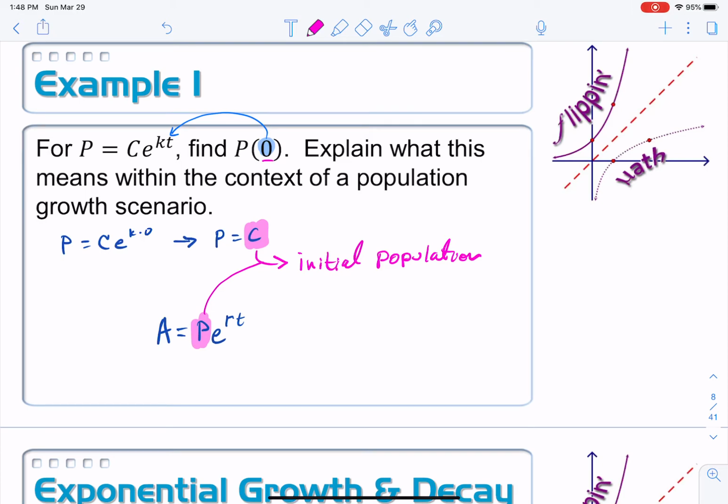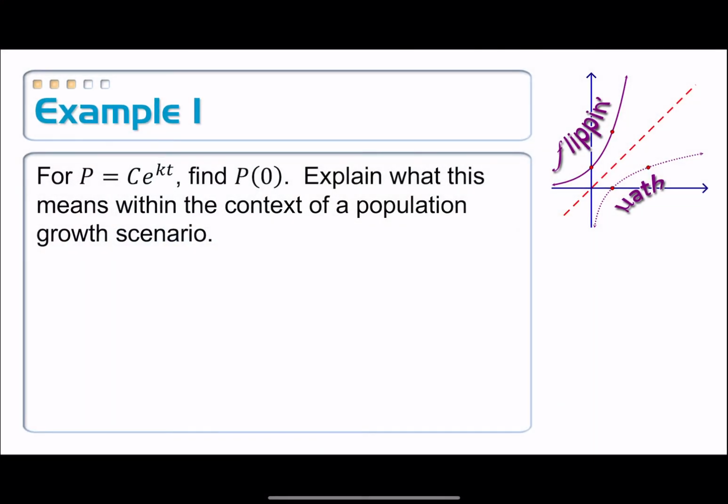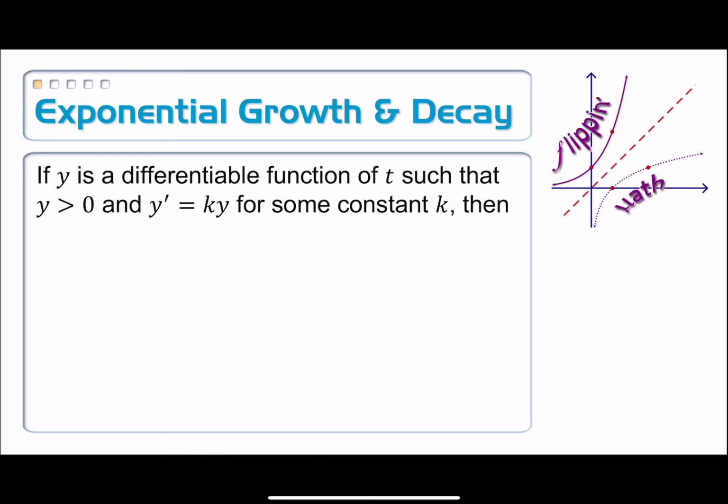Okay, so going back to the slideshow, let's make some good notes here. If y is a differentiable function of t such that y is greater than 0 and y prime is equal to ky, so that means that the derivative of y is directly proportional to y for some constant k, then instead of having to solve that differential equation every single time, we're just going to know that y is equal to c times e to the kt.